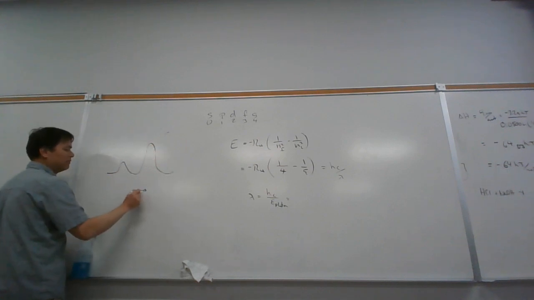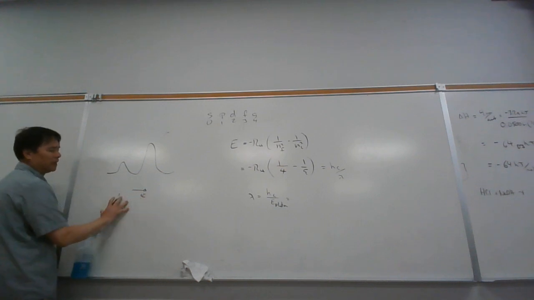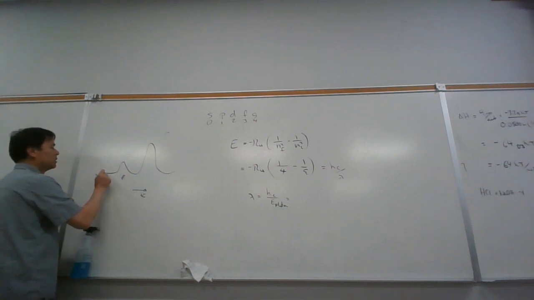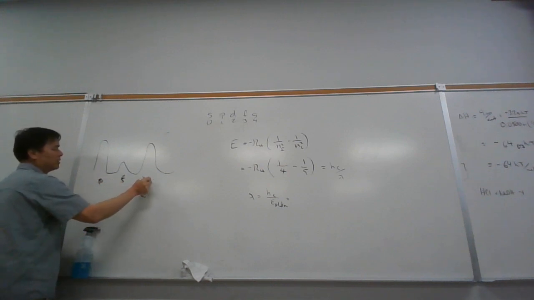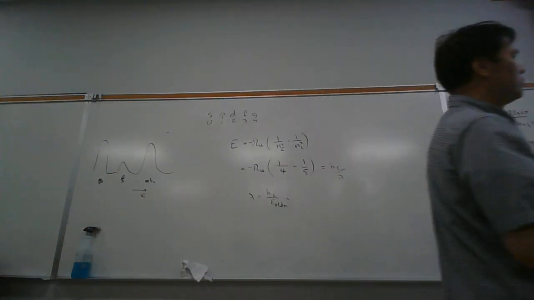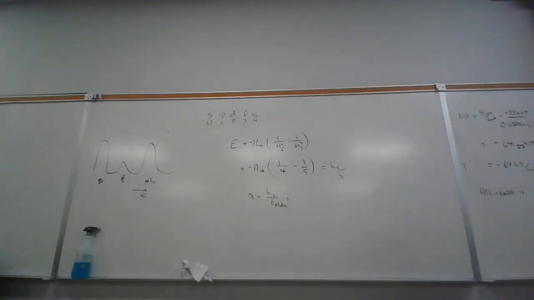So if we have energy going this way, or we could flip it and have energy going the other way, then these could be the S electrons, or actually the P electrons knocked off first. So we might have P electrons here, then S electrons here. And so that's further evidence for the organization of the periodic table.